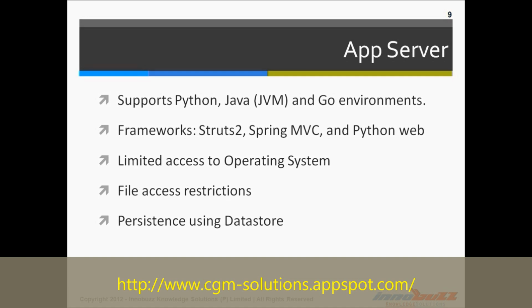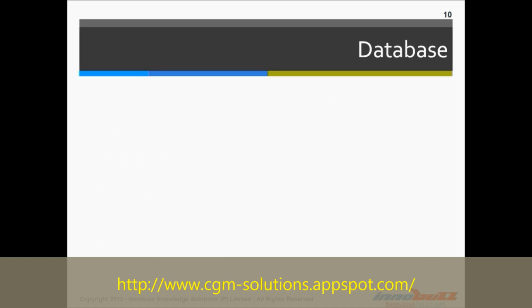Data store is used for persistence. Scheduled tasks, mail services, and task queues are also supported by the App Server. Database: App Engine provides a range of options for storing data.